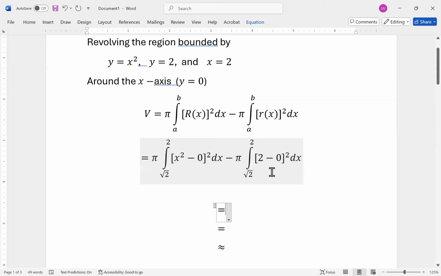Now, plugging this in shouldn't be extremely difficult, I don't think. Plug in square root of 2 to 2, x squared minus 0 squared. You're going to get an ugly number. I'm going to just do the approximate case right now.